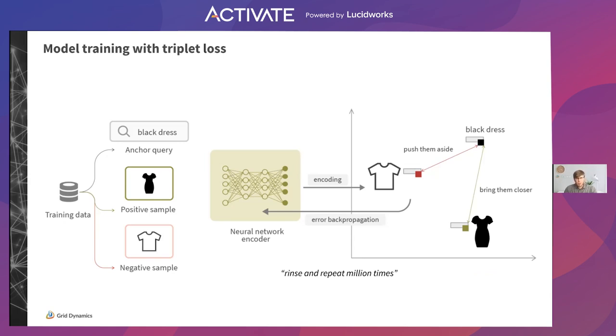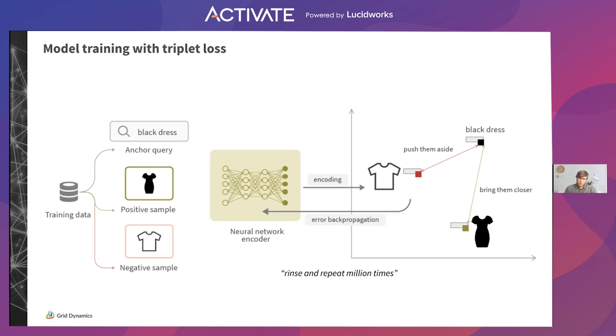And this training data will consist of three main elements. We will take the search query as an anchor. We will use products which we think are relevant for this query as a positive sample. And we will use a product which we think is not relevant for this query as a negative sample.